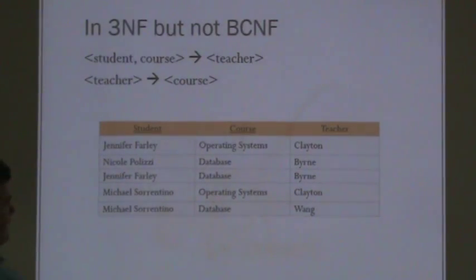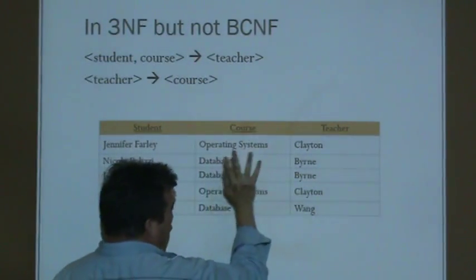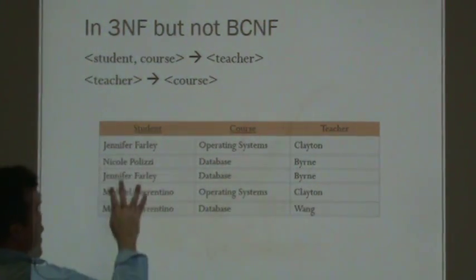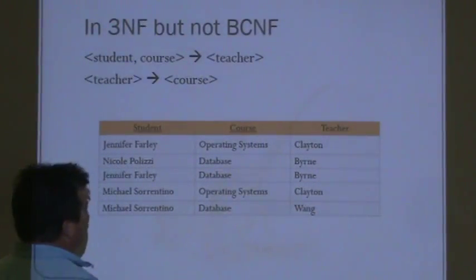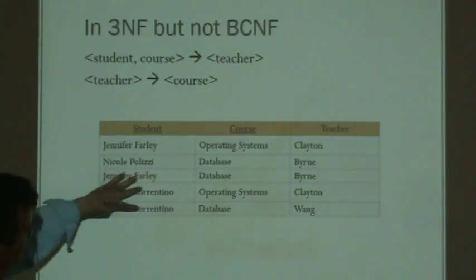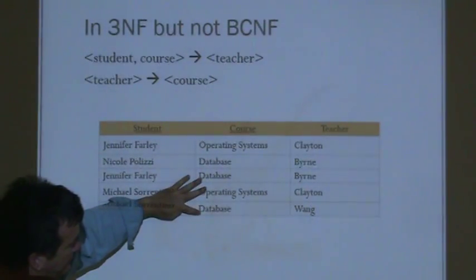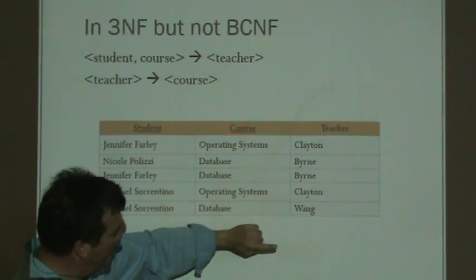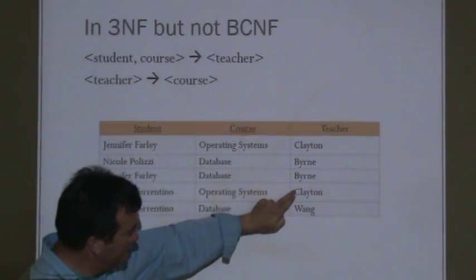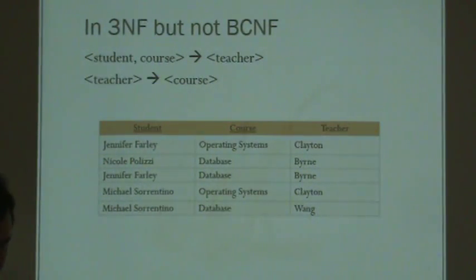Okay, Nicole takes databases, teacher's Byrne. Jennifer takes databases, teacher Byrne. And then this student, Michael, takes operating systems and databases, and has the teacher Clayton and the teacher Wang.